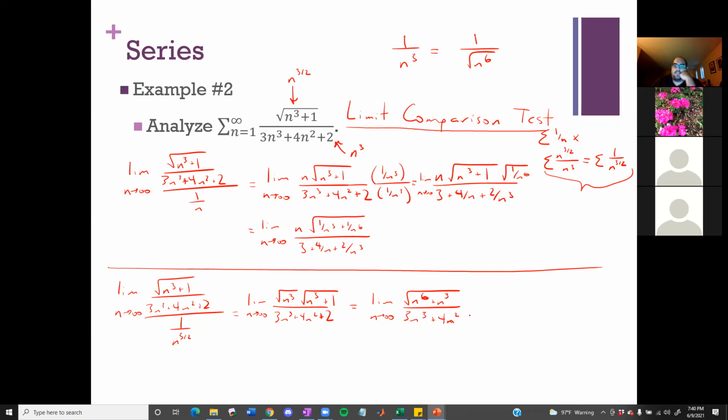Is it clear yet what this limit is going to come out to be? So I'm going to leave this for, if you want, you can go back and look at these slides and fill in the details, but this limit is going to come out to be 1/3. So because that limit is 1/3, which is positive, what does that mean about this series?